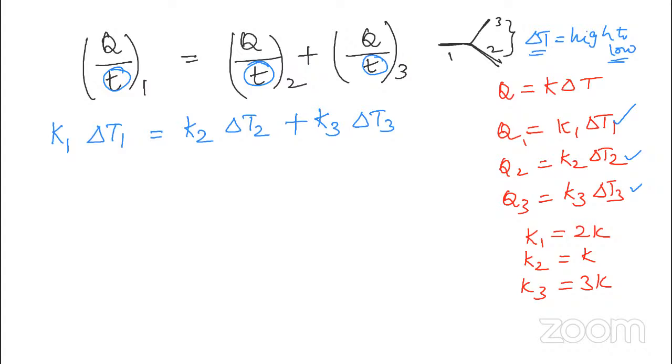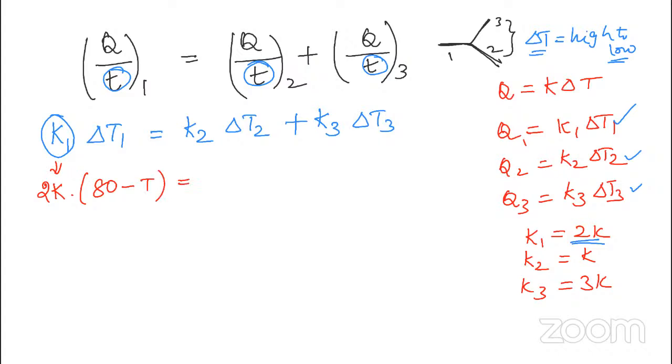So for K1 it is 2K. Then delta T1 is the temperature difference across the first rod. It is 80 and T, so 80 minus T is equal to.